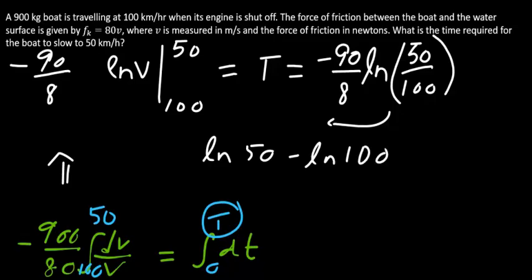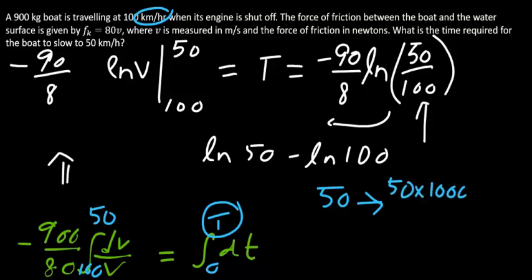Now you note that in this bracket we have maintained the unit for speed in kilometers an hour. That is because even if you were to change the 50 kilometers an hour to, let's say, meters per second by multiplying it with 1,000 and dividing it by 3,600, you have to do the same thing for the 100.